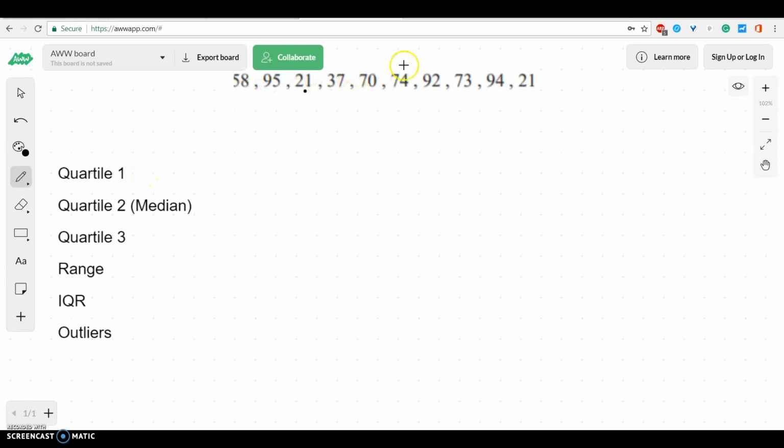So what we're going to do is first number these things in order. And that's what you should always do first, is number all the numbers in order. You can see that these are in a random order, but we'd like to get them in a unified order. So we'll start with 21. And as I mark these things, I like to cross them out just so that I know that I've got them all. 37 should be next.